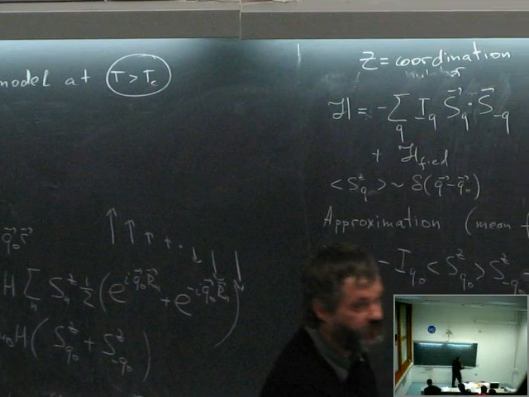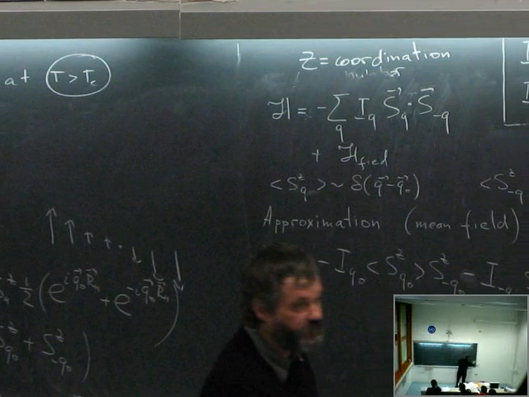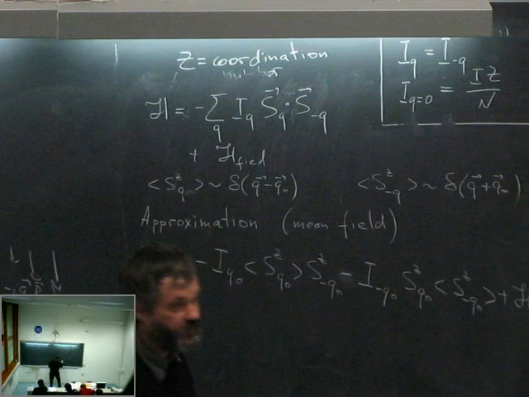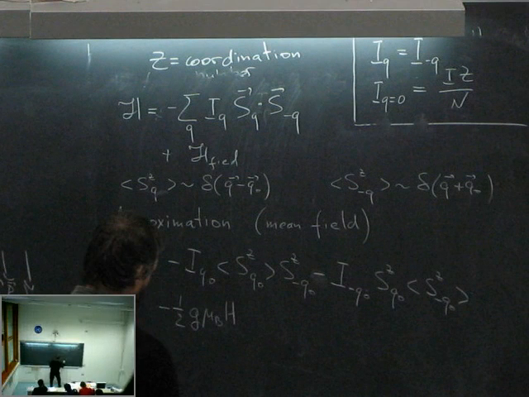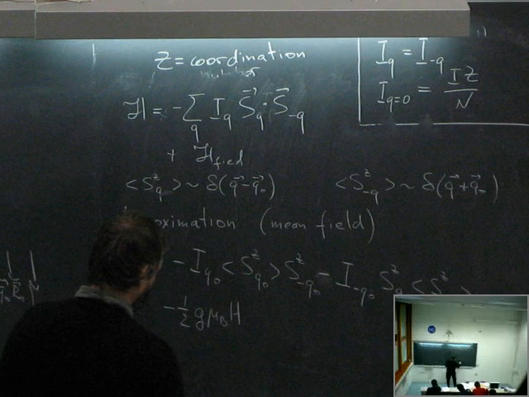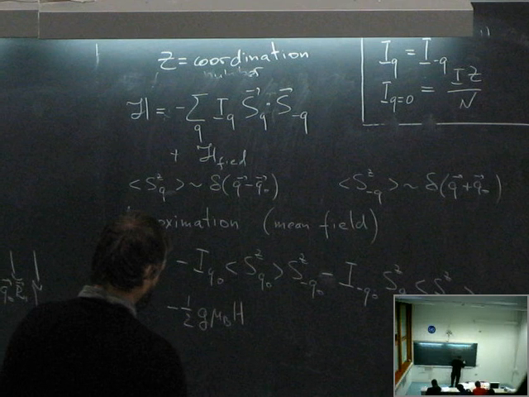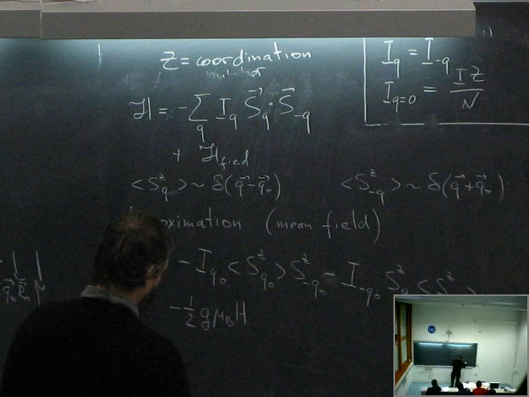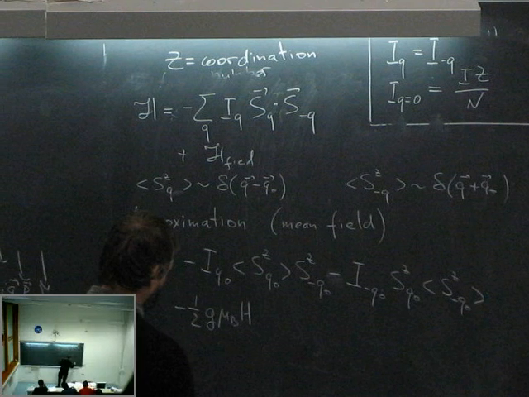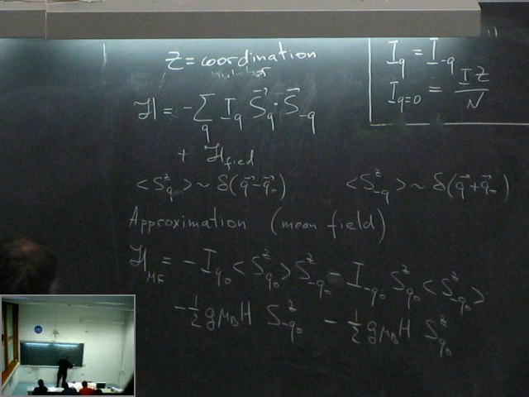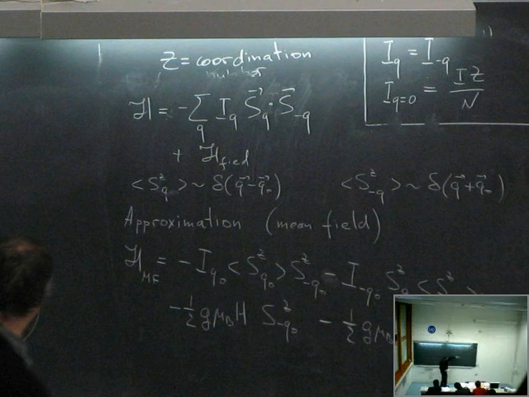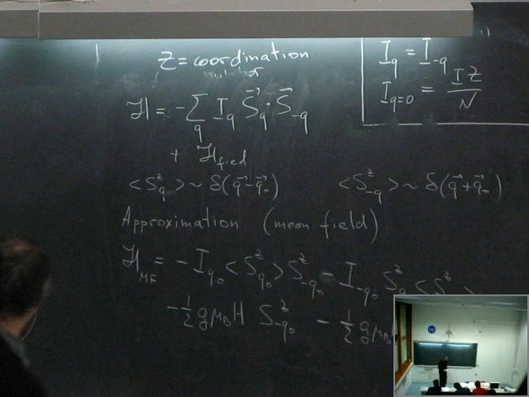I will erase it here and write down minus 1/2 g μ_B h S^z_{-Q0} minus 1/2 g μ_B h S^z_{Q0}. So you just replace these two terms and write them one by one.